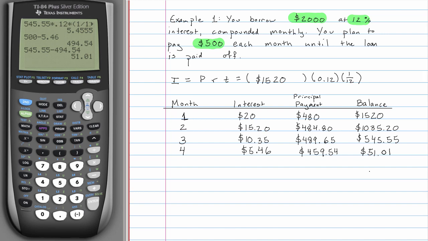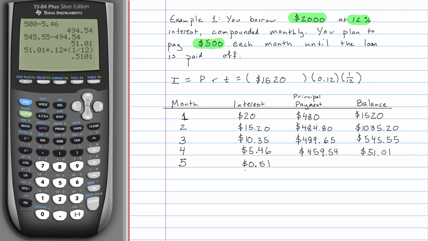And we have some messiness at the end here, right? I'm going to go for one more month, maybe. And I'm going to pay interest on that $51.01 for a month. That's 51 cents in interest.